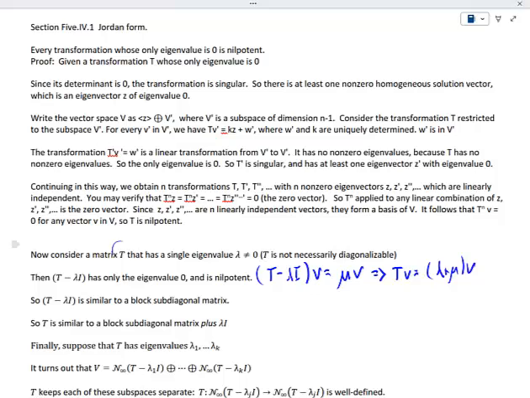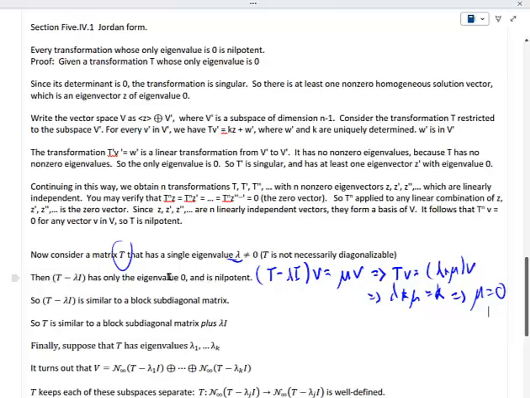But I said T has only one eigenvalue, lambda. So that means that lambda plus mu equals lambda, so mu equals 0. So the only eigenvalue of this matrix T minus lambda I is 0. Neat trick: I can add something to the diagonal of a matrix and change its eigenvalue at will. Another very key trick here.